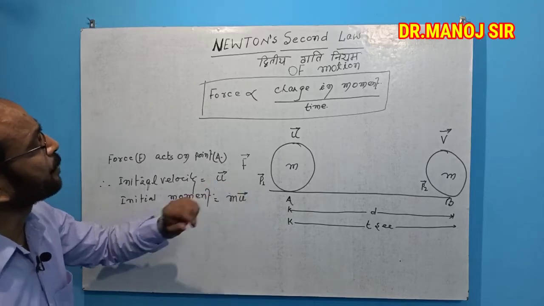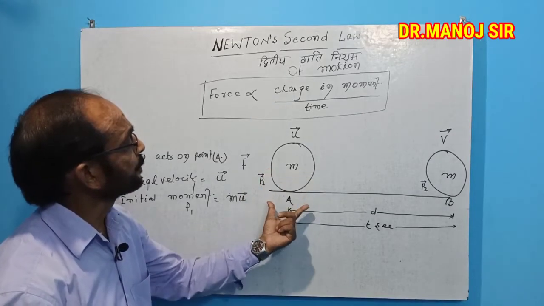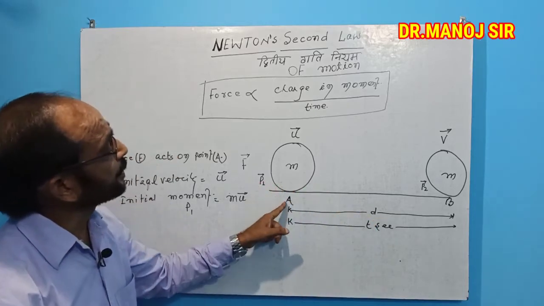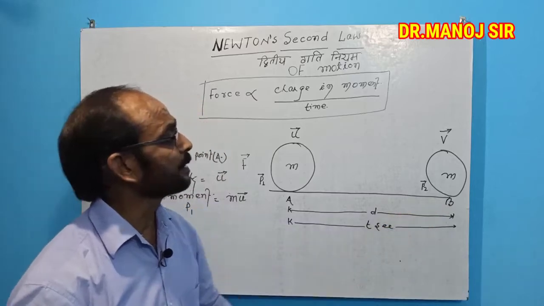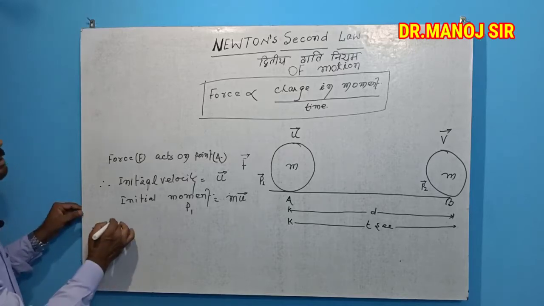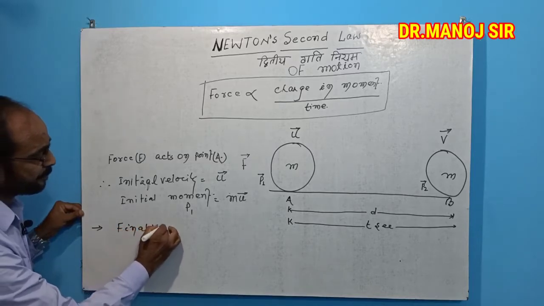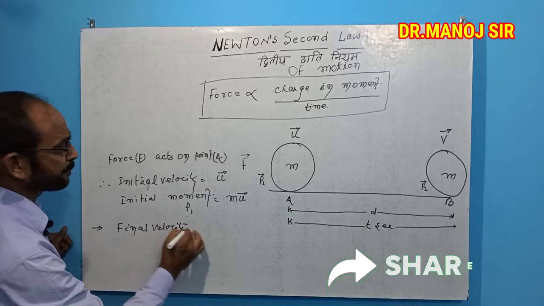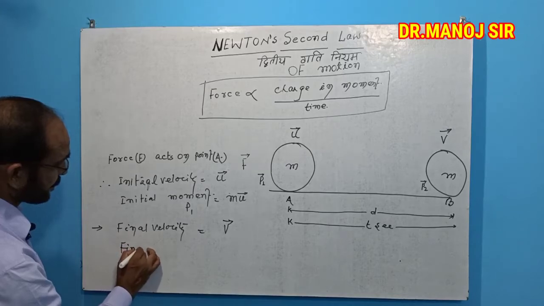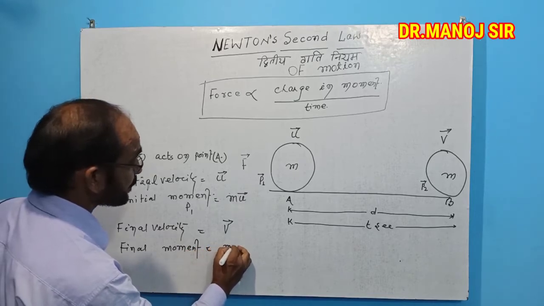After acting of force F, the body of mass m is displaced from point A to point B. Then due to the force, the final velocity is v and the final momentum is mv.